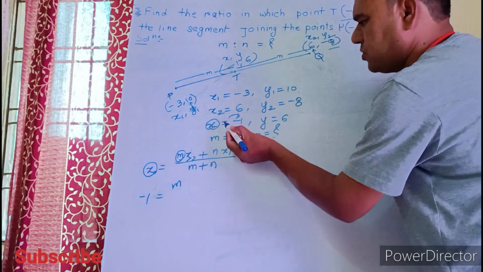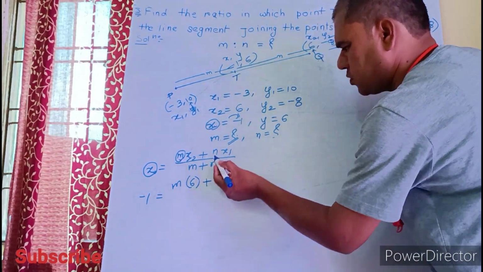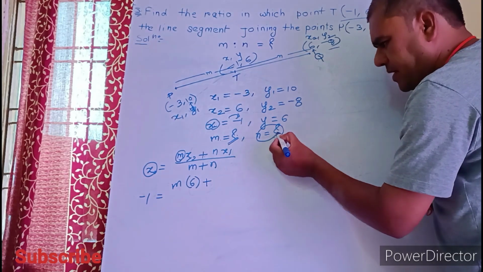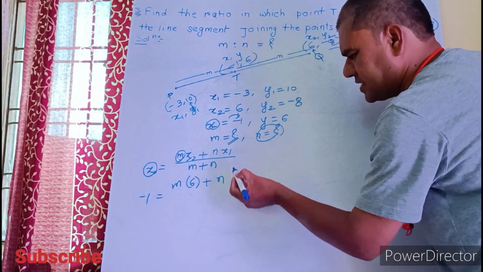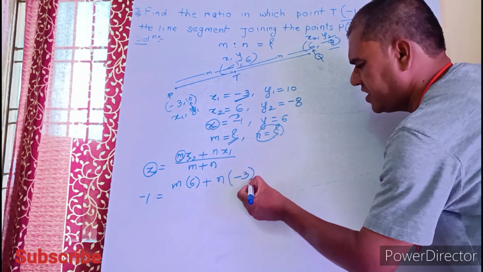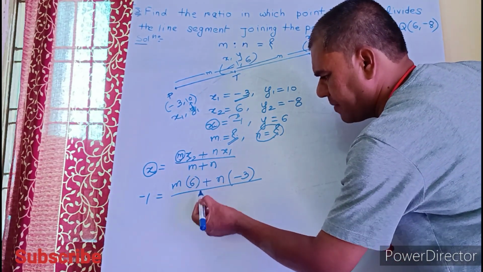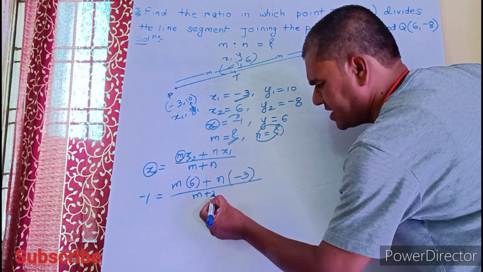The value of x2 is 6, put 6, plus n as it is, the value of x1 is -3, put -3, divided by m plus n as it is.